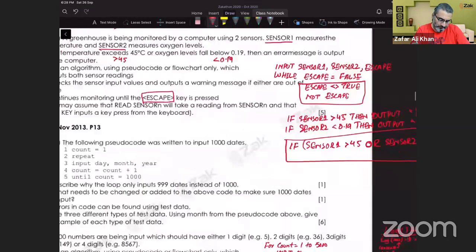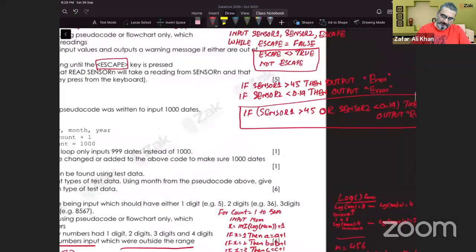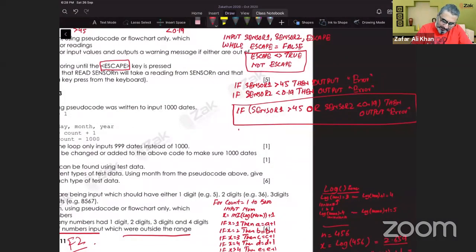Now, we have to have the input once again, as I said, input before the while and input after: sensor 1, sensor 2, and escape key's status. And then it comes to end while.